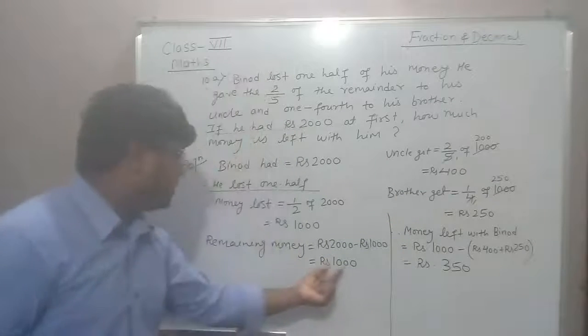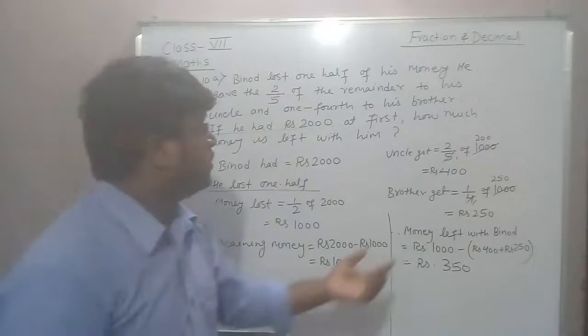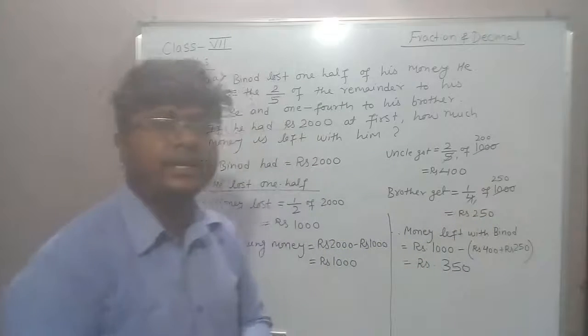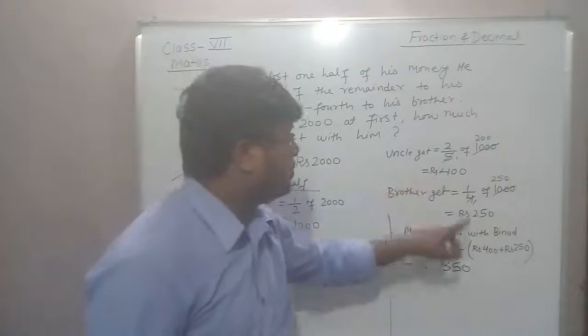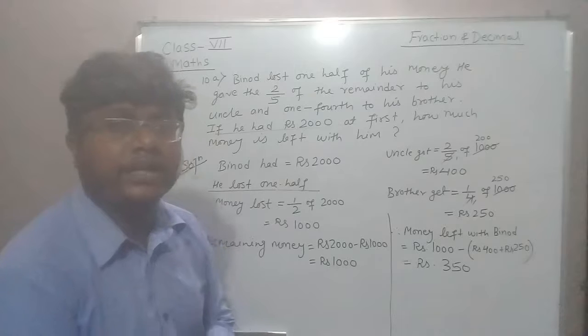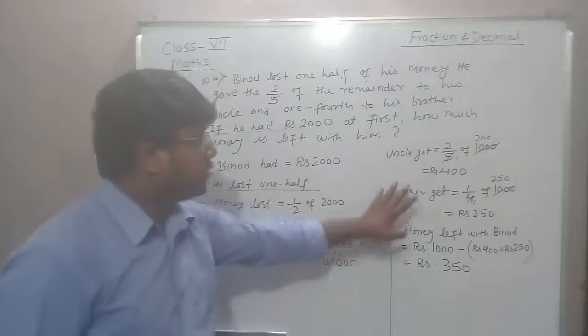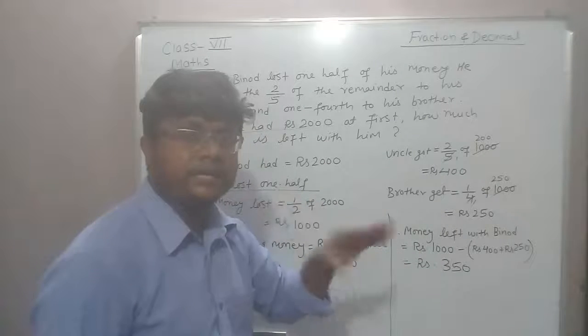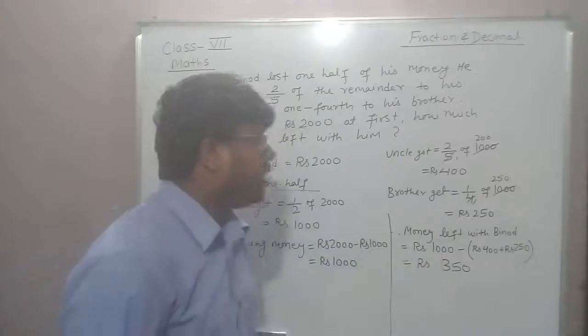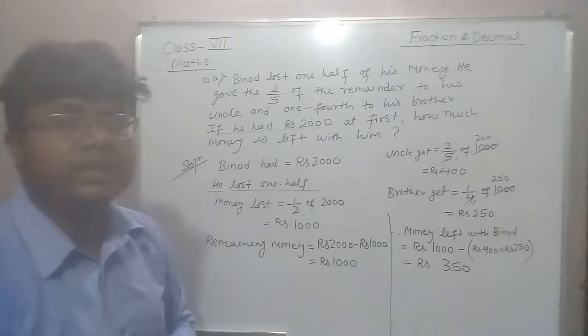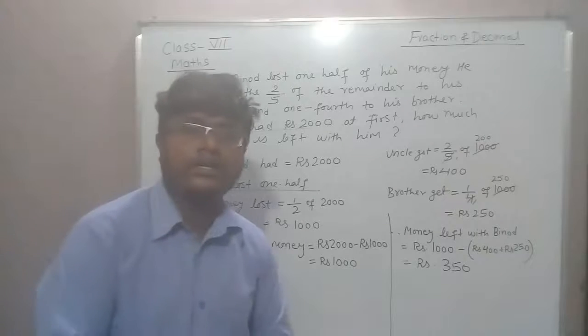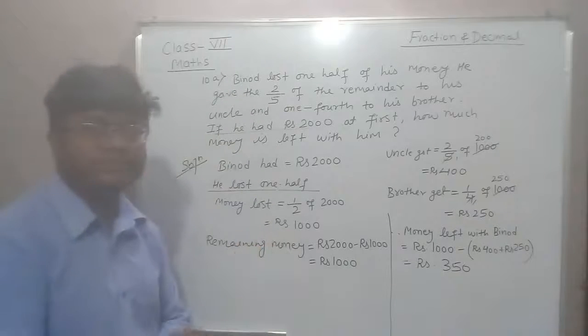So brother got rupees 250. Altogether 400 plus 250 is 650, which Binod has given to brother and uncle. So 650 rupees has gone. What is the remaining money? 1000 minus 650 is 350. I hope it is clear for you all.